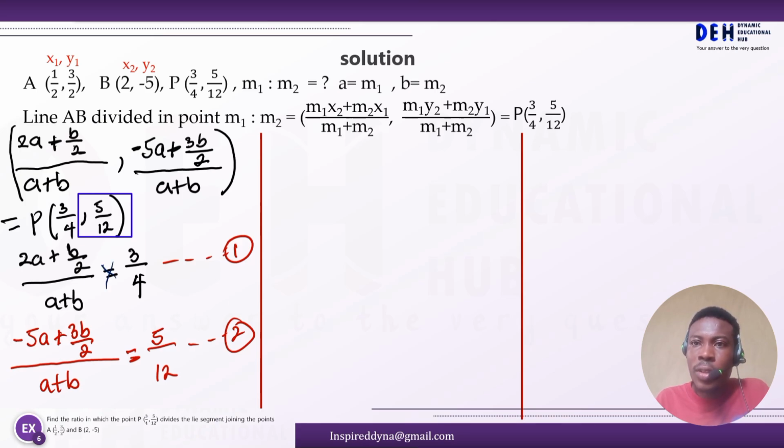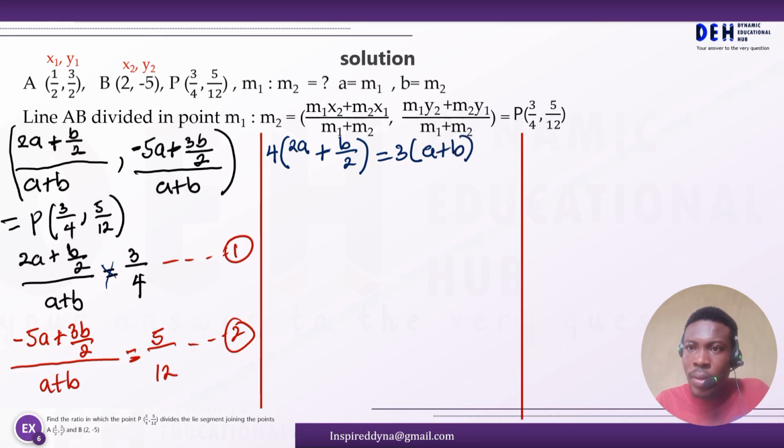When we cross multiply, we have 4 outside here, open bracket, 2a plus b over 2, close it, should give us 3 multiplied by (a + b). Let's do the same thing for the second equation. You cross multiply.